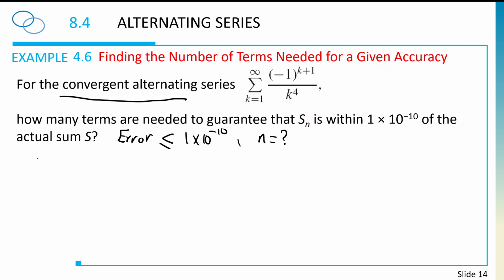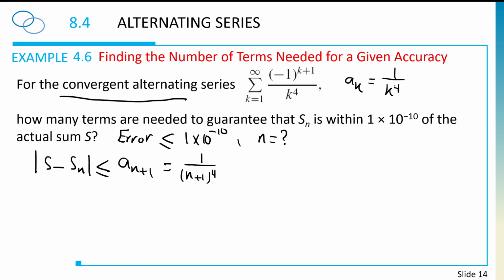So basically what you need to do is this. I know the error is S minus Sn. It should be less than or equal to An plus 1, okay? Now, what's An plus 1? This is equal to 1 over n plus 1 to the power of 4. Remember, this is Ak, 1 over k to the power of 4.